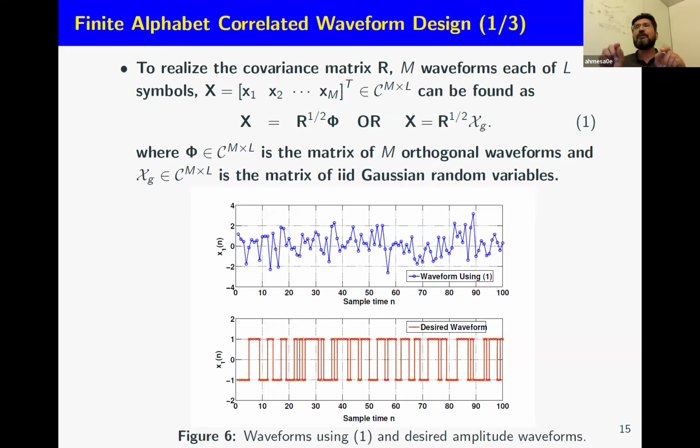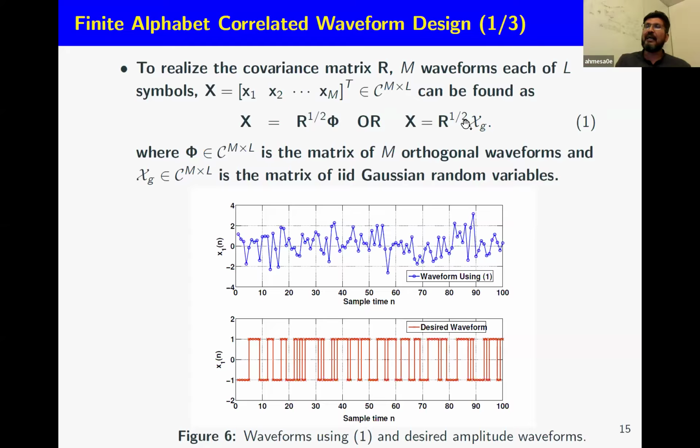Since all the waveforms inside phi are orthogonal, phi times phi Hermitian gives the identity matrix in the middle, so again we get R. Similarly, if G is the Gaussian random matrix, you multiply it with its Hermitian. Since all the waveforms are independent, you will get the identity matrix.